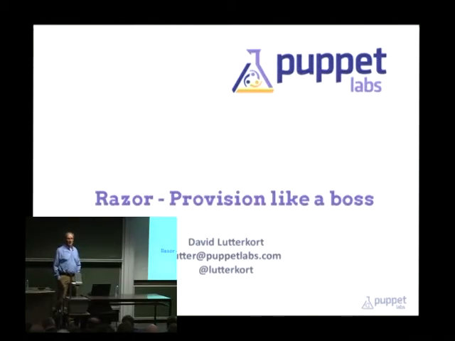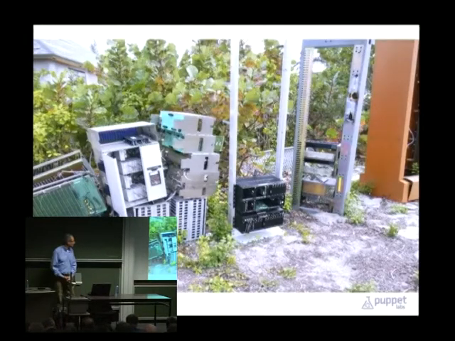Provisioning is one of these words that mean a lot of things to a lot of people, kind of like configuration or systems management. For purposes of this talk, what I mean by provisioning is this sort of situation. You have a lot of machines and you need to get them to do something useful. Hopefully your machines aren't sitting in the backyard.